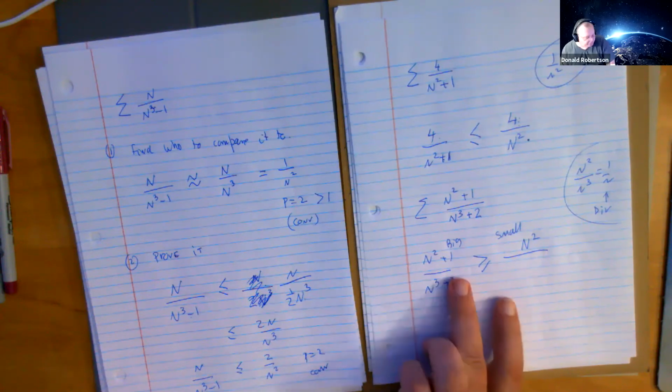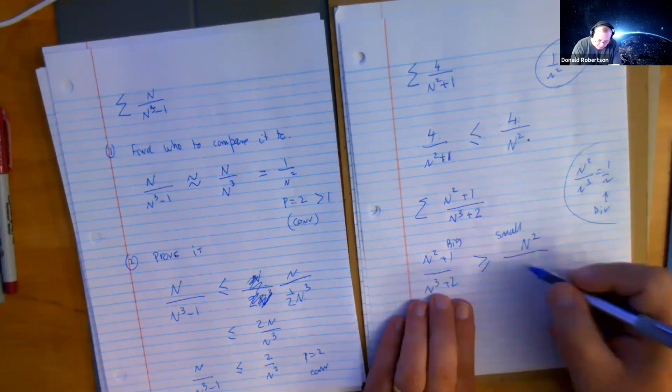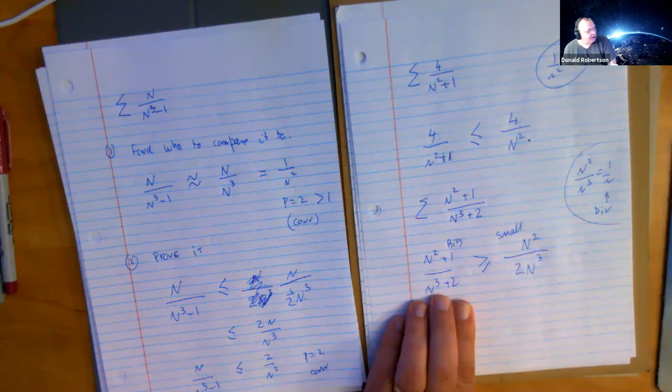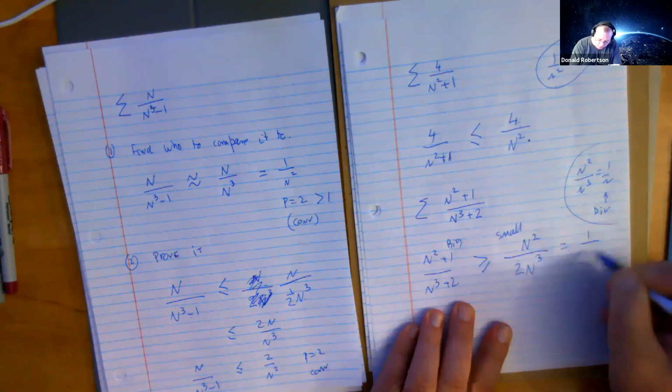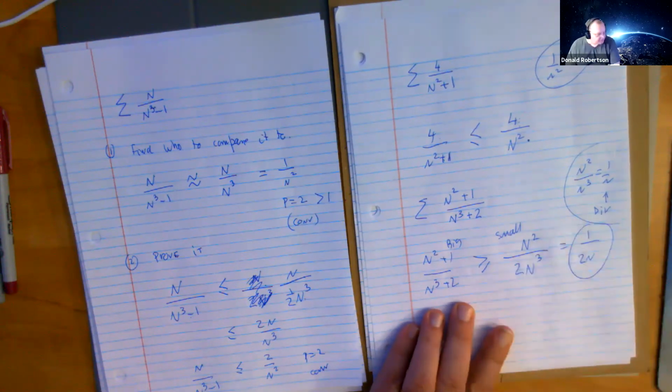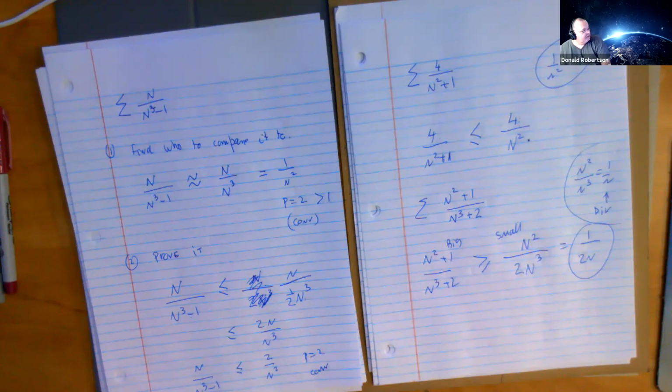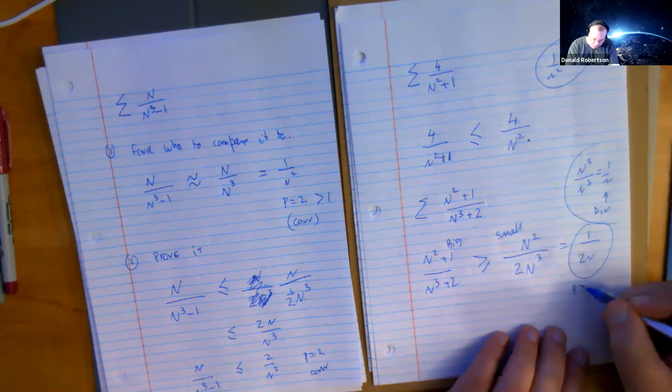And I want that 2 to go away. You want to make it bigger? How about 2n cubed? That becomes 1 over 2n. Do you recognize a p-series with p equals 1, so it diverges?